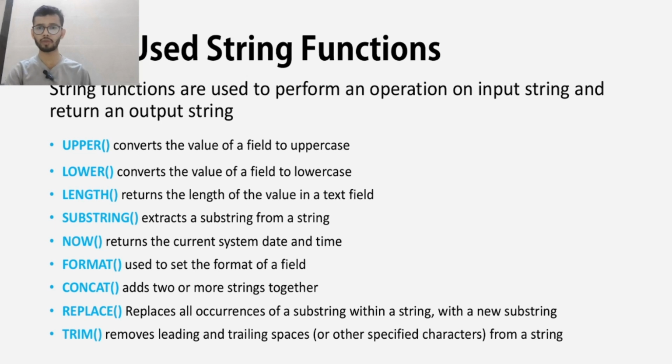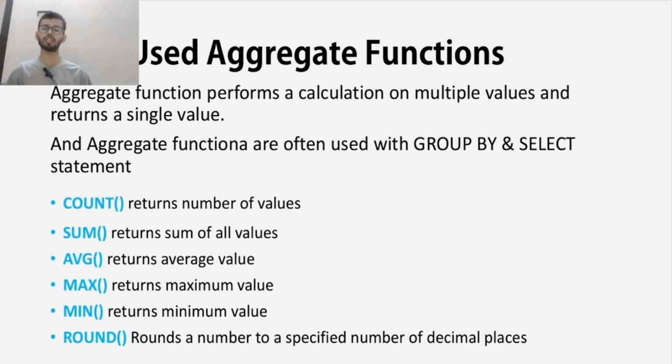These are some common ones we use in our general queries: upper, lower, length, substring, now, format, concat, replace. You can read with the help of this PPT or picture what they are doing. And the most used aggregate functions are count, sum, average, max, min, round.